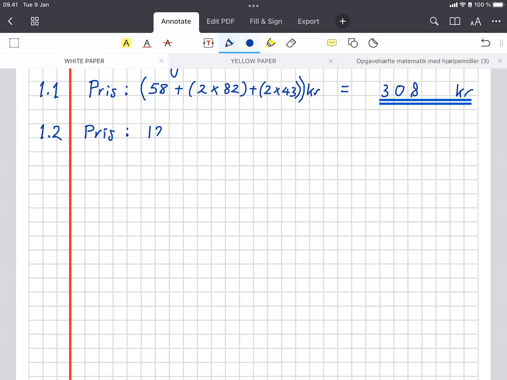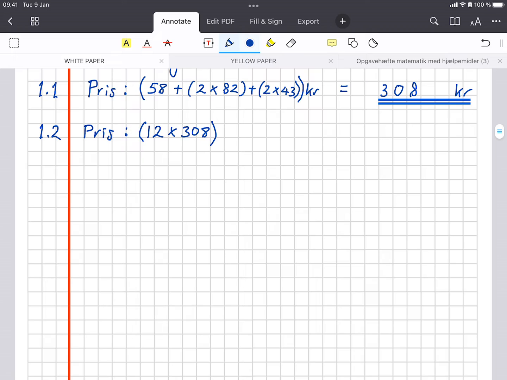So 12 times 308. I'm going to stick that in brackets, even though strictly speaking it isn't mathematically necessary for that to be in brackets. It's just a question of the layout and the clarity that they like to have for these exams. Equals, lined up with the equals that I had before.